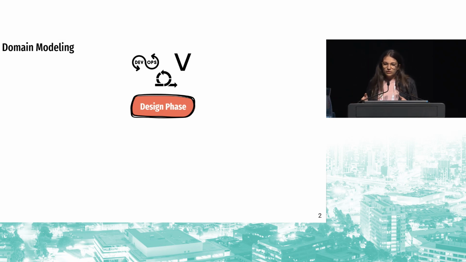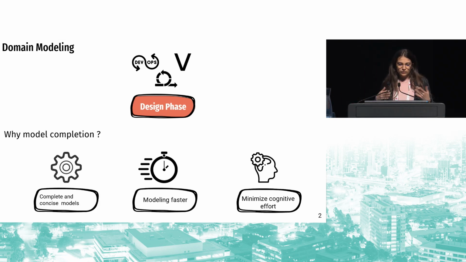This is why domain modeling requires assistance, and the goal of this assistance is to obtain complete and concise models, to reduce the time of this task and finally to minimize the cognitive effort.